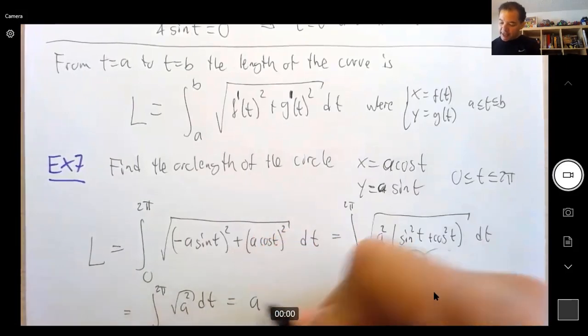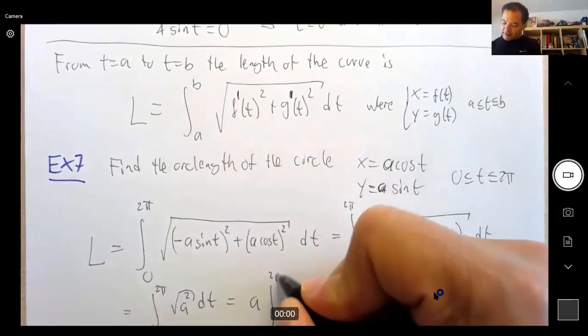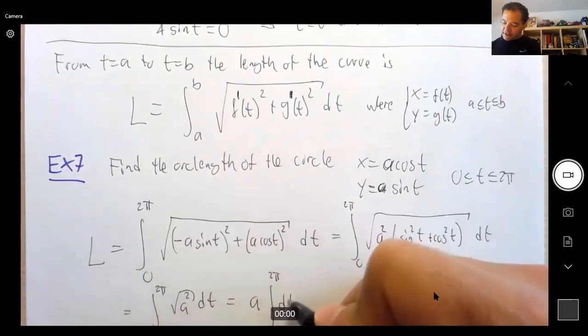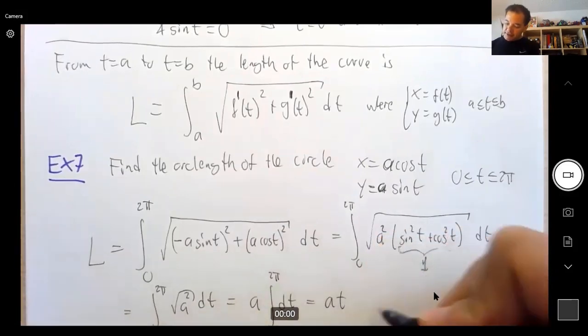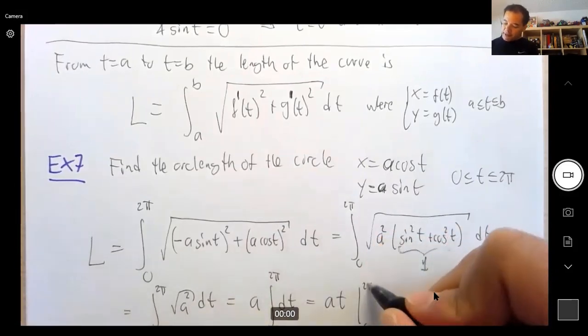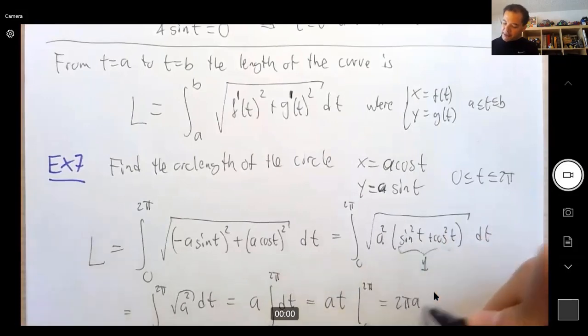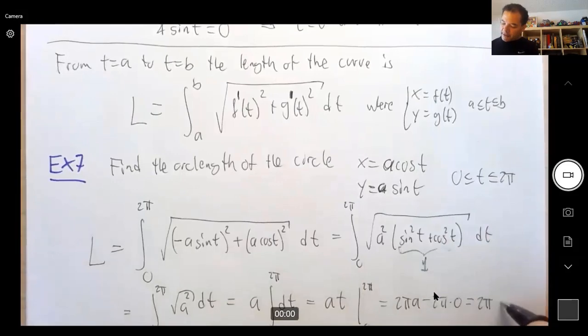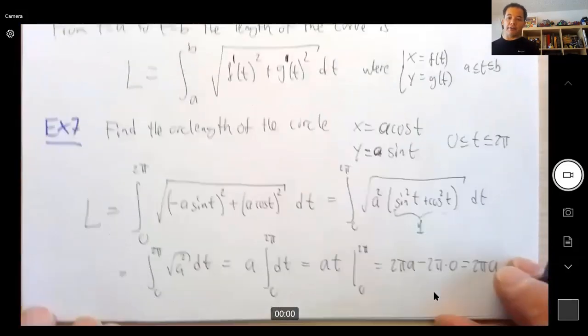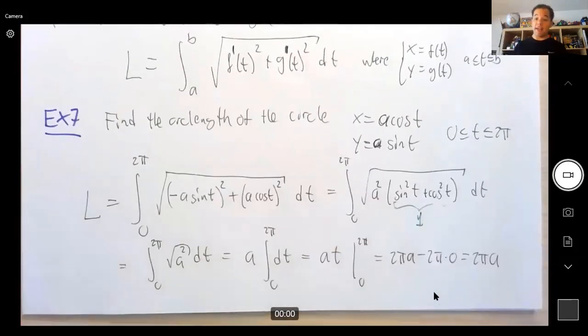So that's just a times the integral from 0 to 2 pi of dt. So that's just t from 0 to 2 pi. So that's 2 pi a minus 2 pi 0. So it's 2 pi a, which we kind of knew, right? The perimeter of a circle of radius a is 2 pi a.